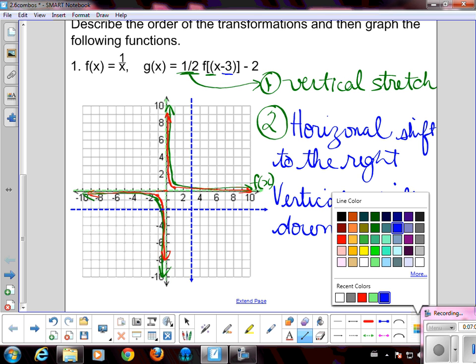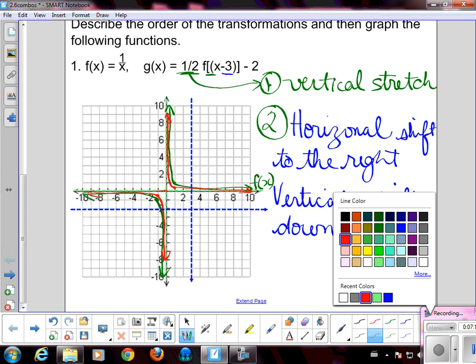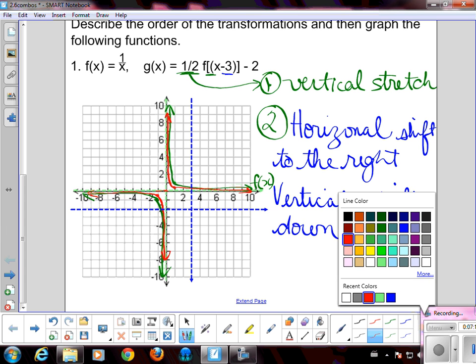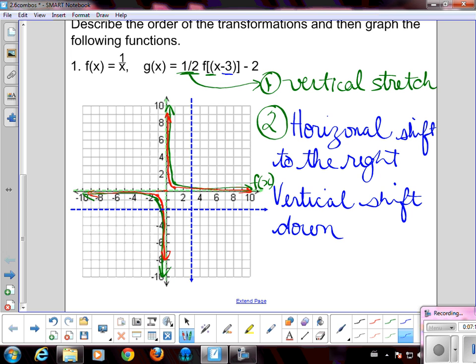Okay, so we have 2 new asymptote lines, and we can do the same thing with our value here. We could actually take that point, move it to the right 3, 1, 2, 3, and then down 2, 1, 2. Sorry, did I get it down 2?